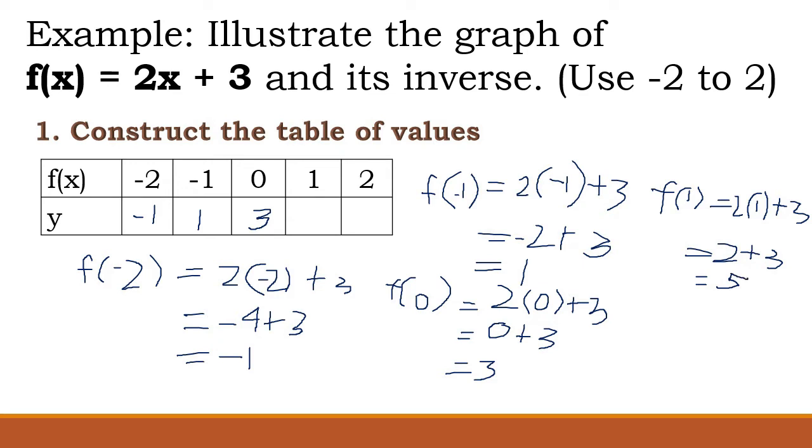Then f of 2 equals 2 times 2 plus 3. So 2 times 2 is equal to 4 plus 3, which is equal to 7.